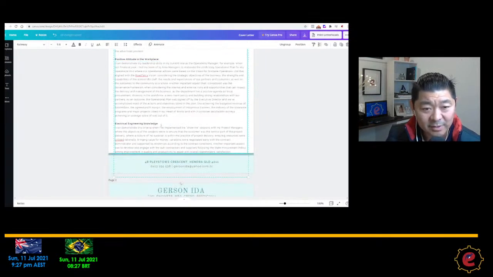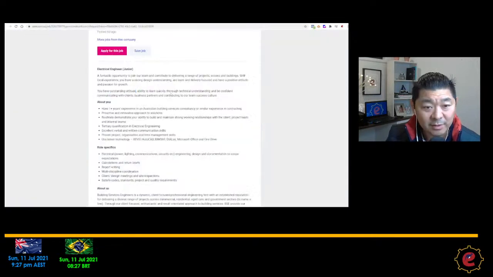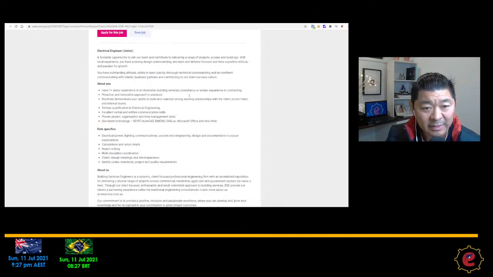The other competency that we identified was electrical engineering knowledge, because this job advertisement says that you have to have a tertiary qualification in electrical engineering, electrical engineering design and documentation, etc. You have to satisfy codes, standards, project quality requirements, and use the latest technology.